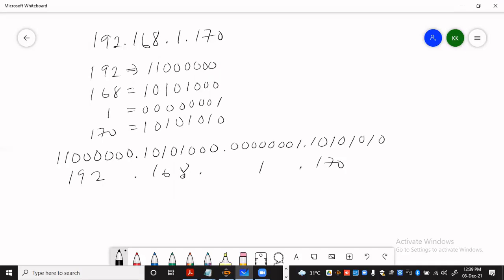So let's count. 1, 2, 3, 4, 5, 6, 7, 8, 9, 10, 11, 12, 13, 14, 15, 16, 17, 18, 19, 20, 21, 22, 23, 24, 25, 26, 27, 28, 29, 30, 31, 32 bits. So hence an IP address is made out of 32-bit binary.